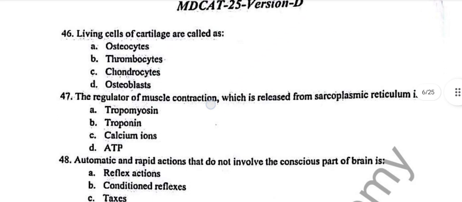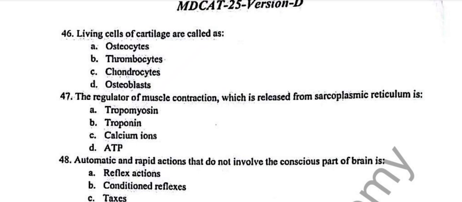Question number 47. The regulator of muscle contraction which is released from sarcoplasmic reticulum is A. Tropomyosin. B. Troponin. C. Calcium ions. D. ATP. And the correct option is C. Calcium ions.